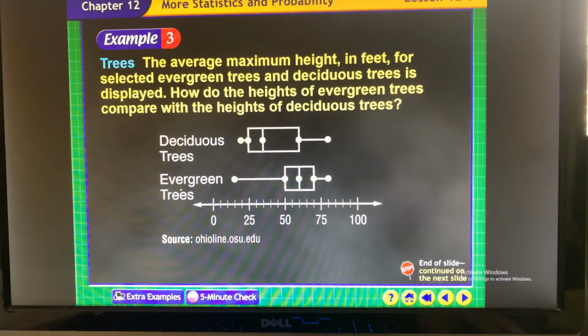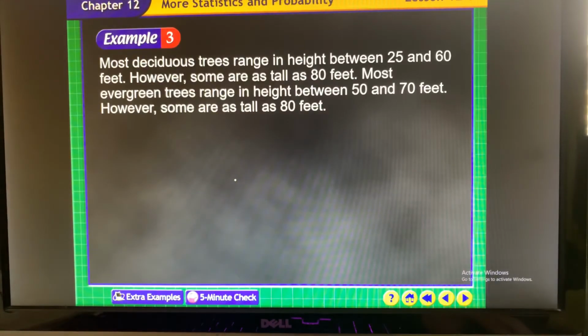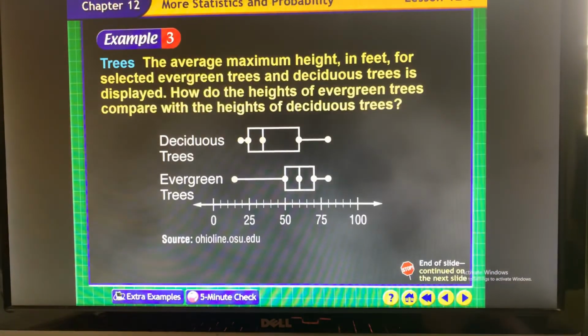Deciduous trees versus evergreen trees. Look at that. There's an evergreen tree that didn't grow very tall, did it? All by itself over here. So the first question would be, most evergreen trees are taller than the deciduous trees, right?